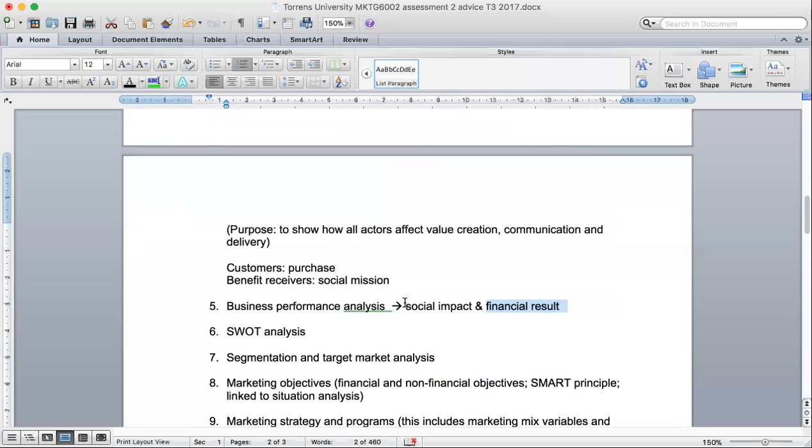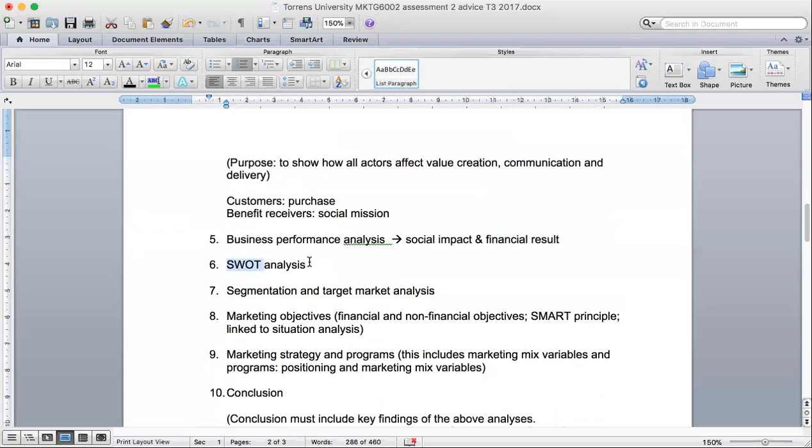It's not going to happen. Okay, I'll leave it to you to build your own projection in terms of business performance analysis. You can make a projection. Let's say they are selling this much, or they're getting this funding, for instance, and so on. So you do a bit of an estimate in there. I'm happy with that.